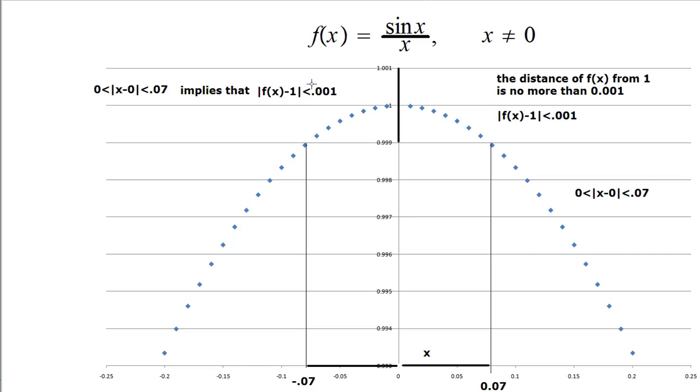So this was our desired proximity near L, or the limit value, and for that we have to be this close to the value a, which is 0 in this case, and of course this is stressing that x cannot be 0.